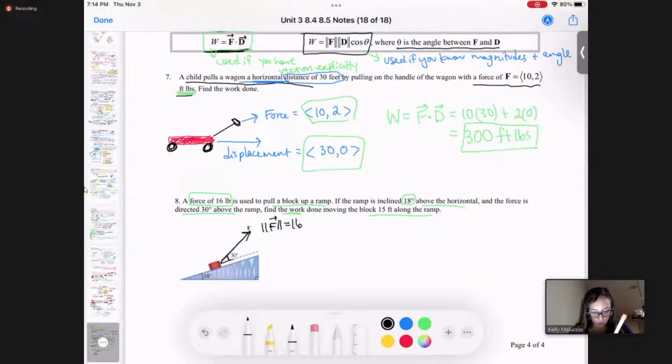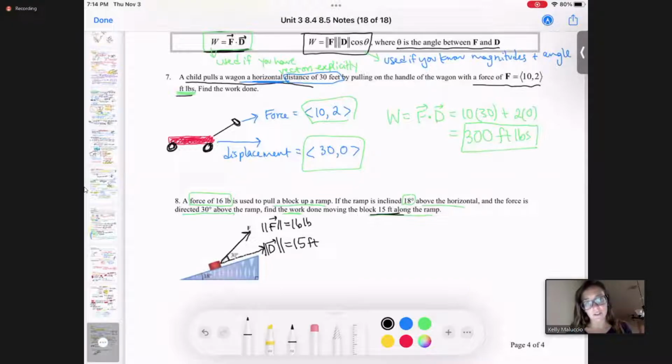This dotted line represents displacement, because it's being pulled straight along the ramp. They told us it's moving the block 15 feet along the ramp, so the magnitude of the displacement is 15. This is 16 pounds, and this is 15 feet.